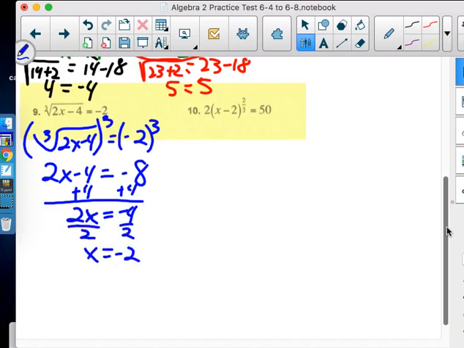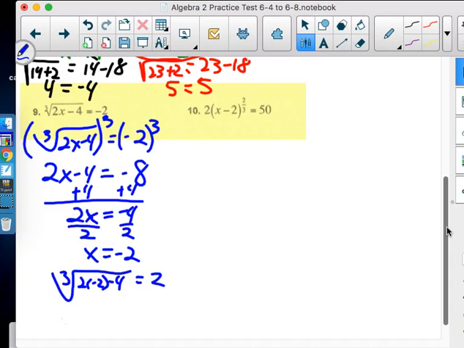X equals -2. But we have been taught, if you go way back up at the top, it says, check for extraneous solutions. Now this one I'm not too scared of. It's even powers that tend to give you wrong answers, but we'd still want to check because it said to. So cubed root of 2 times -2 minus 4 equals -2.